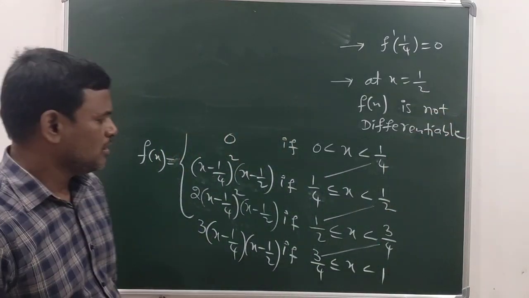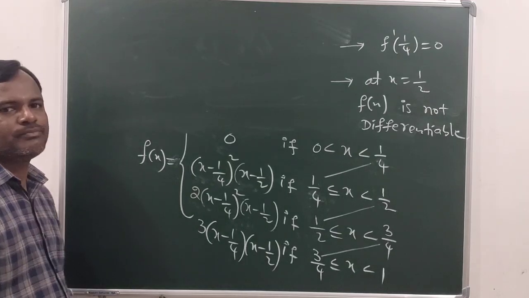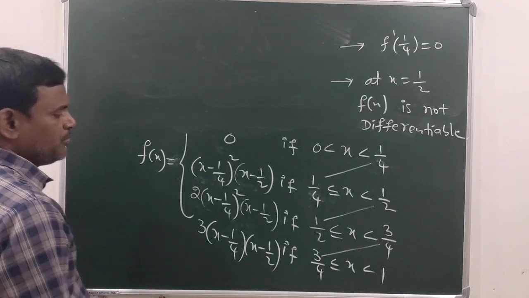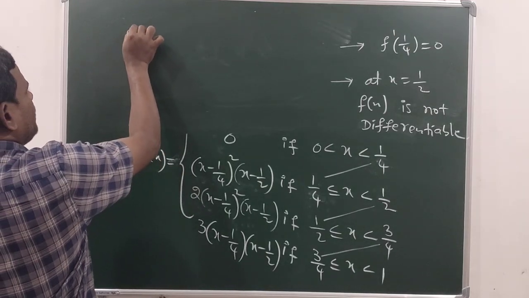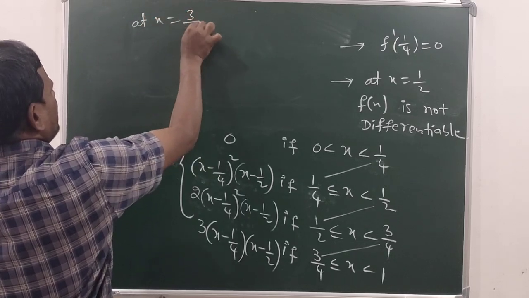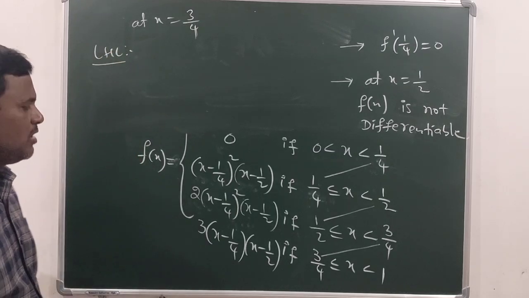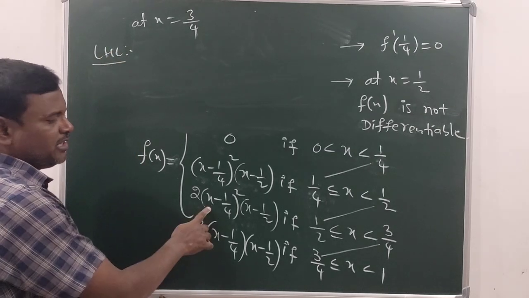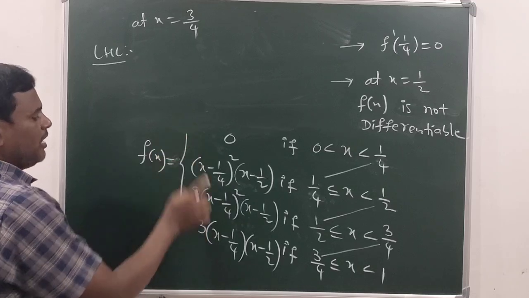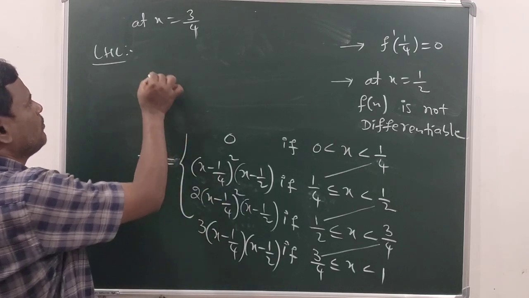Now next, go to the other boundary point at 3 by 4. Find f dash at x equal to 3 by 4. Let us check the left hand limit. What is the left hand limit? For the left hand limit, we have to prefer this function, and wherever x is there, you have to put 3 by 4.